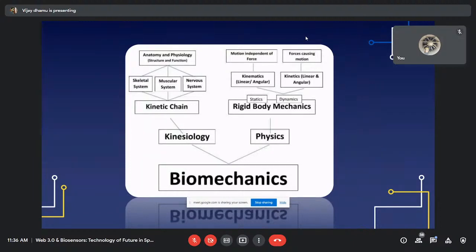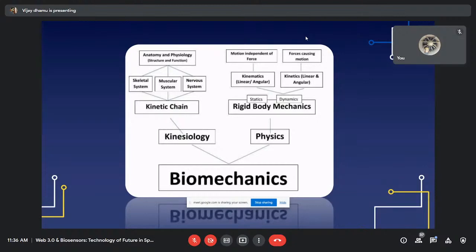If a force is applied on one outward end, for example the palm of the hand, then the whole kinetic chain is involved: the wrist joint, elbow, shoulder, as well as your whole body. The kinetic chain is subdivided into the skeletal system, muscular system, and nervous system.